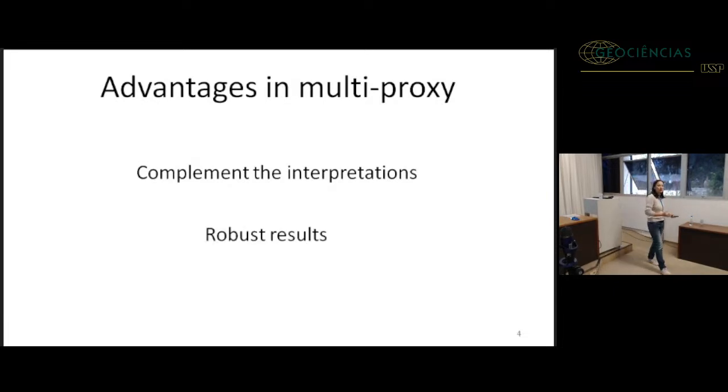Then we want robust results because we want to have good results. We don't want doubts. We want answers. And we can also reach new parameters like the temperature.